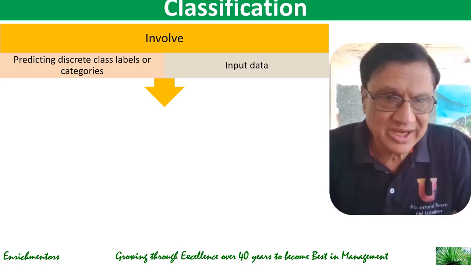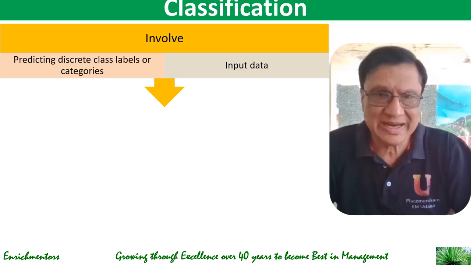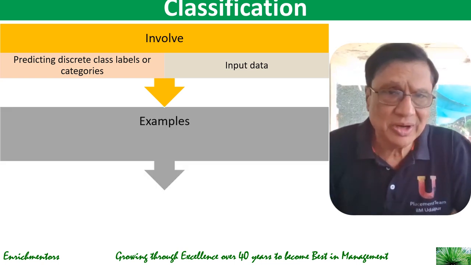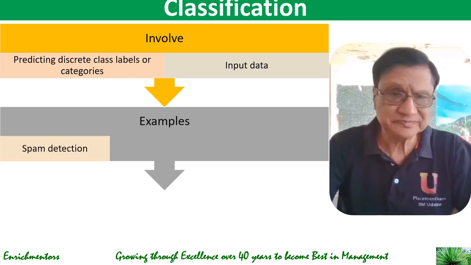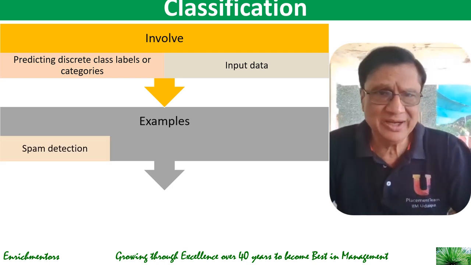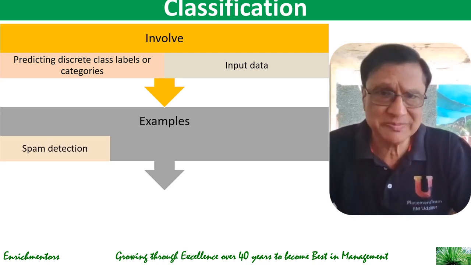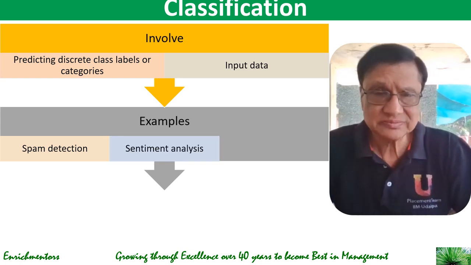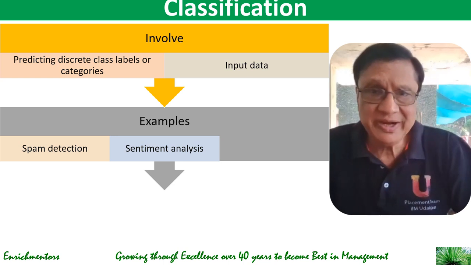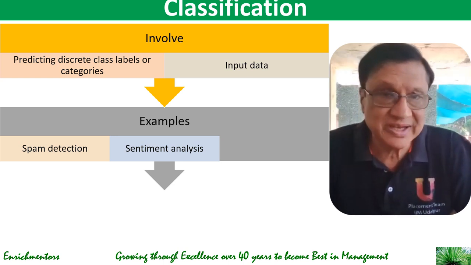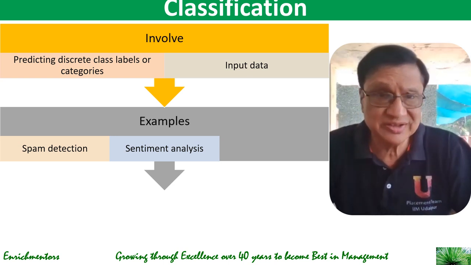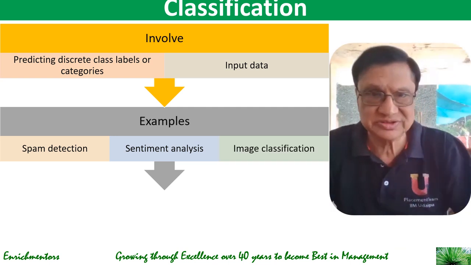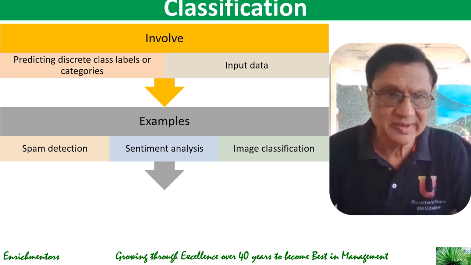So you have input data and you need to predict what class or category it belongs to. Examples include spam detection, whether a particular mail or message is spam or not spam, two categories. Sentiment analysis, whether the sentiment expressed by the comment is positive, negative, or neutral, three categories. And image classification, which could have any number of classes, for example cat, dog, and bird.